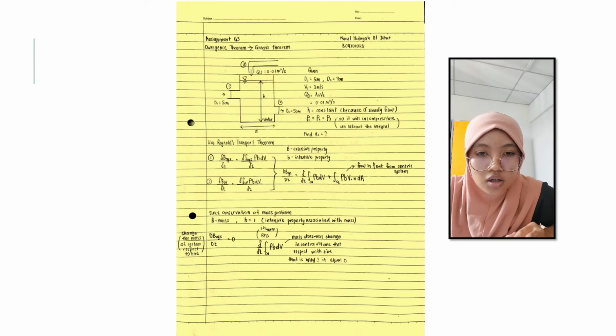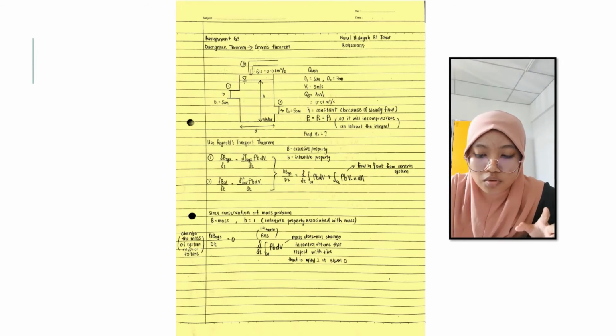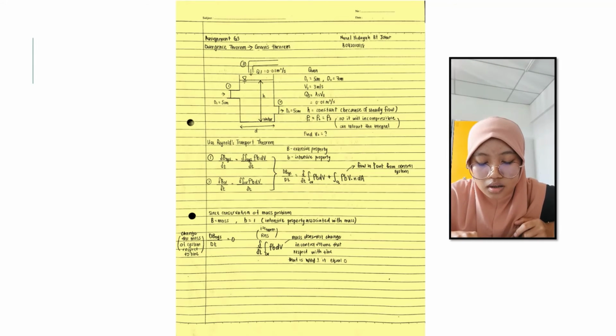To take out the integral, we also assume that the density at point 1, point 2 and point 3 is the same, as it is an incompressible fluid. Here is the Reynolds transport theorem formula.